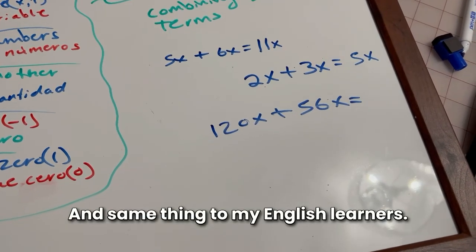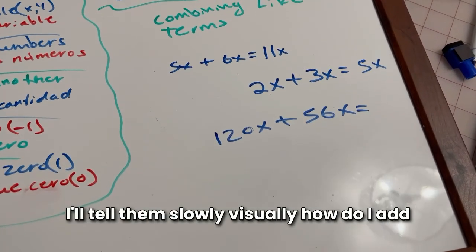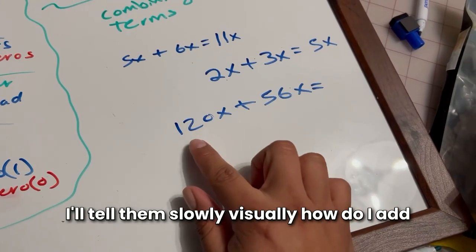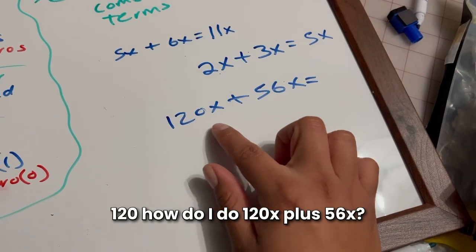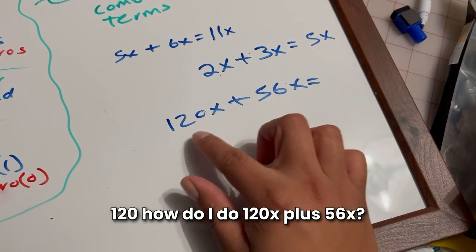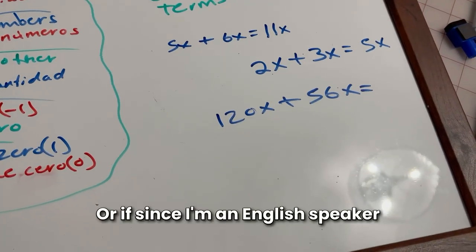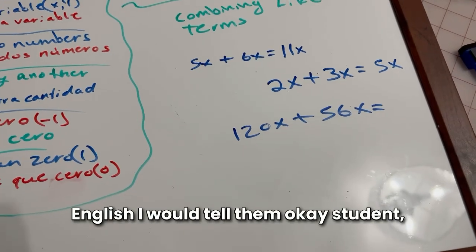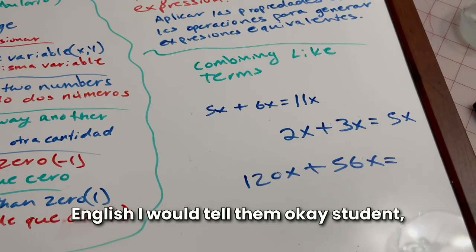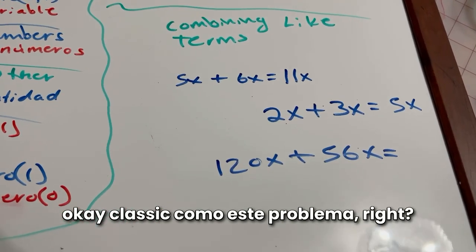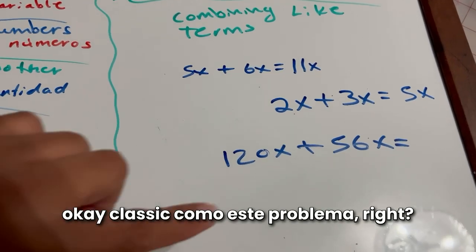And same thing to my English learners. I'll tell them slowly, visually, how do I add 120, or how do I do 120x plus 56x? Or since I'm an English speaker, I would tell them, okay, clase, ¿cómo resolvemos este problema?